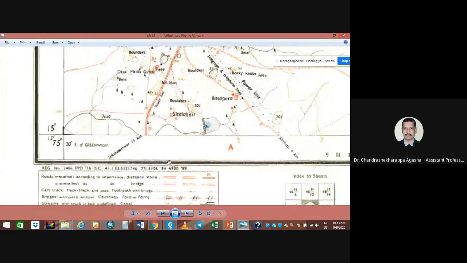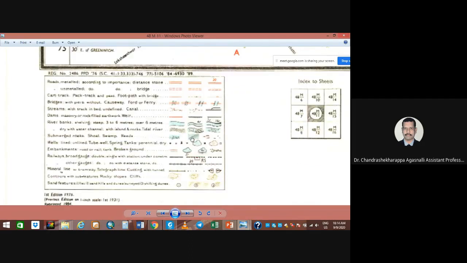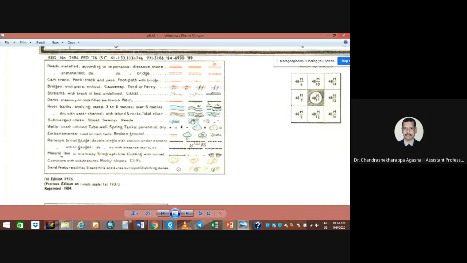So you have seen all the index items in the topo sheets: the railway line, different types of roads, high tension power lines, streams, rivers, dams, water bodies, bridges, reservoirs, contours, benchmarks, village boundaries, taluka boundaries, district boundaries, right?